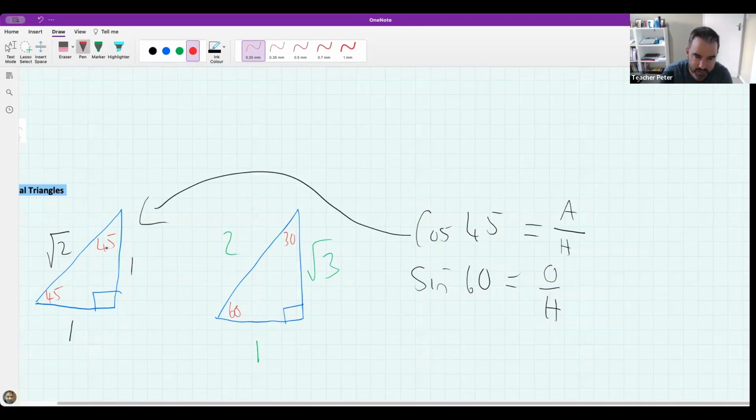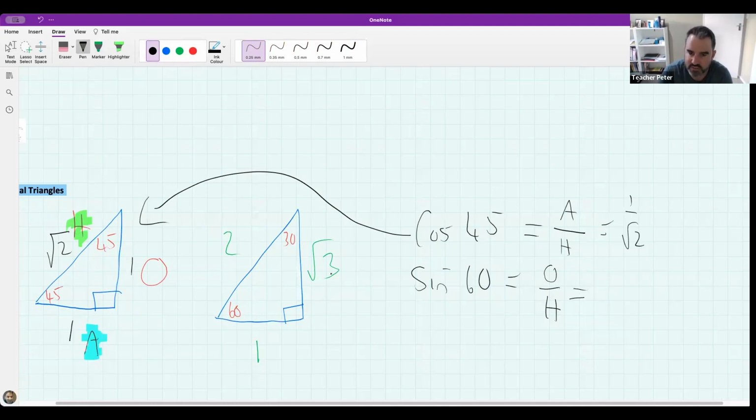Let's say you choose that as your reference angle. That would be O, that would be A, that would be H. So the cos of 45 would just be A over H, or 1 over root 2.